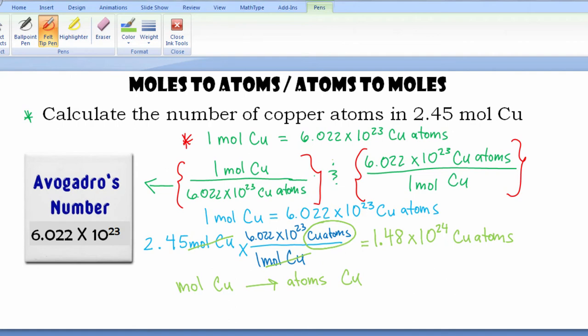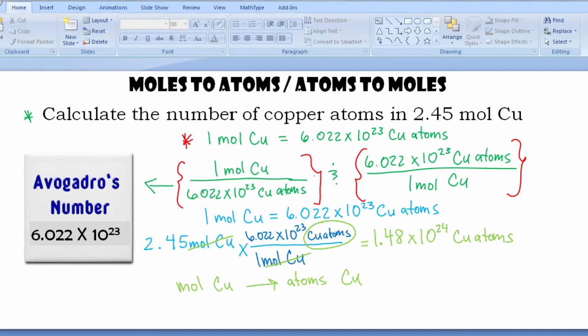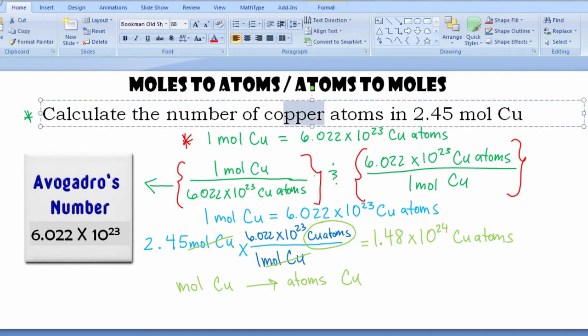Now, let's see what would happen if we wanted to calculate the number of moles of copper in, let's just say, 14.75 times 10 to the power of 21 copper atoms.